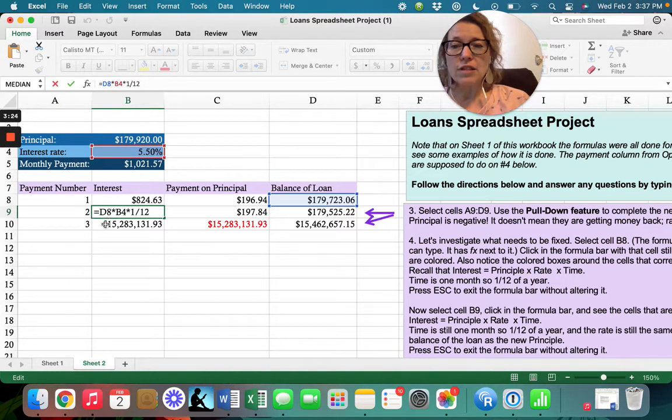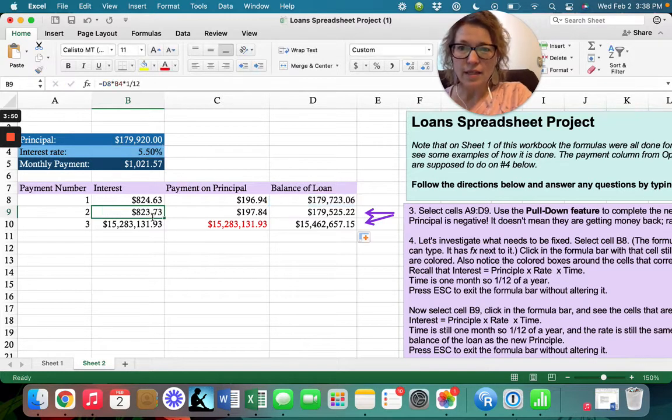Our interest comes from the current principal, which is the balance of the loan, which is D8 right here, times the interest rate right there, times time. So PRT. Our time is 1 month, so 1/12 of a year. That's great. I hit escape to get out of that.